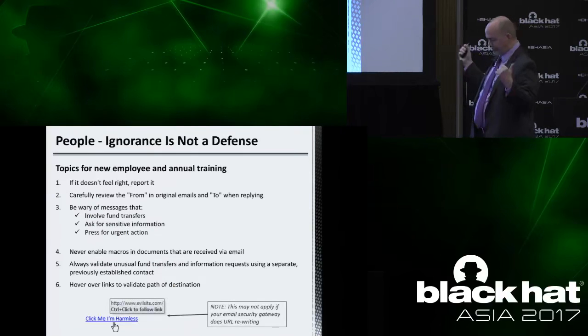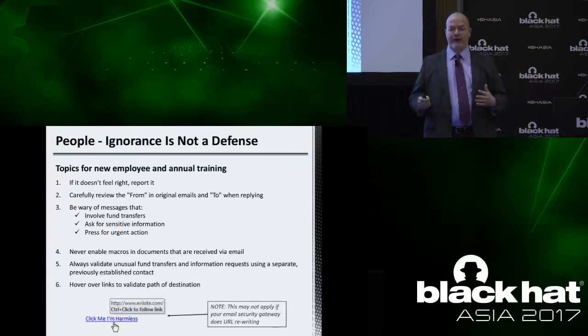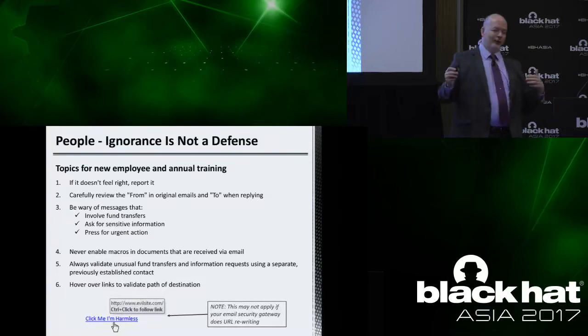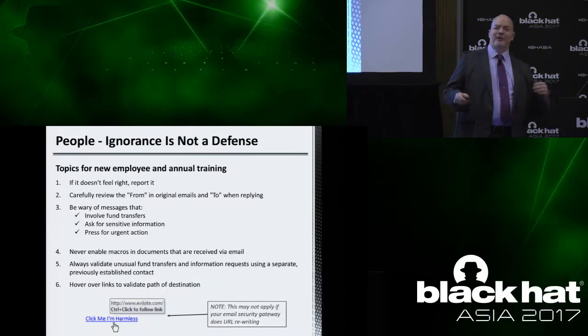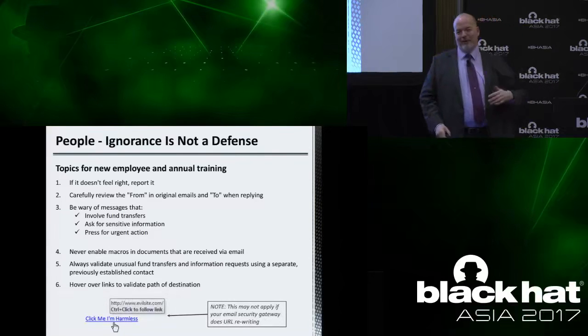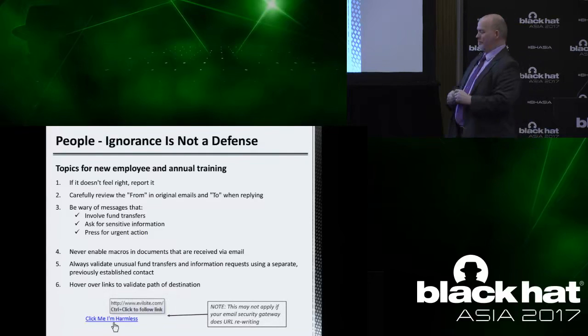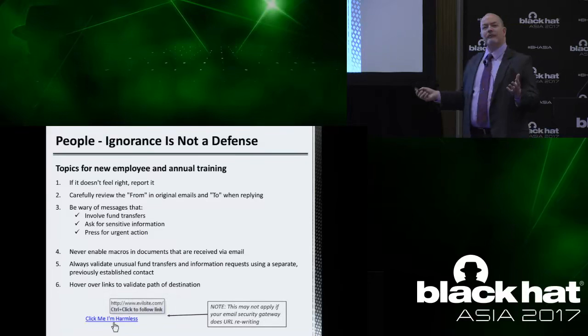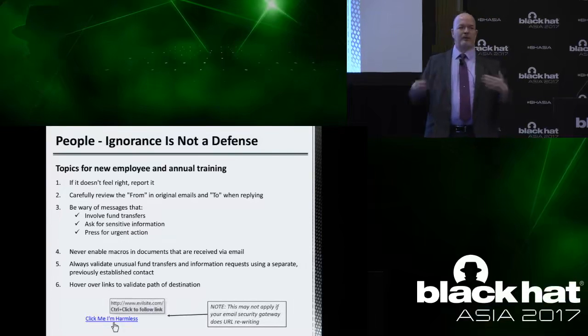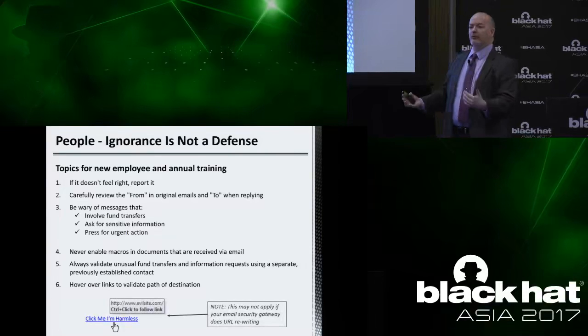Your people. People are the weak link, right? You can't get them to respond consistently, you can't get them to pay attention during your training, they ignore the emails from your security department, and I know that never happens. I know your employees are different. One of the things I tell people is if it doesn't feel right, contact someone. Contact your security department or your manager.